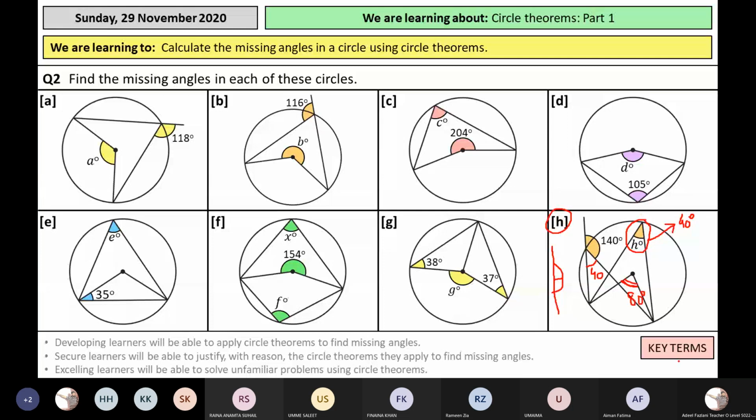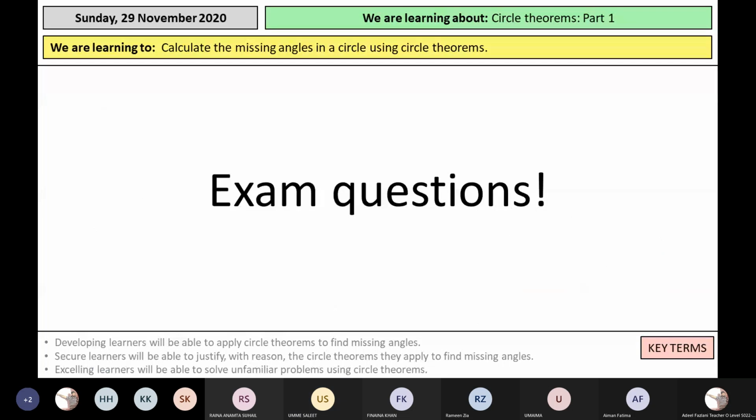So I asked if there is any other way, but you reached upon angles in the same segment, which is quite easy. Since many of you are aware of all the properties and few of you are attending for the first time, let me proceed. Shall I proceed to the next slide? Yes, sir.